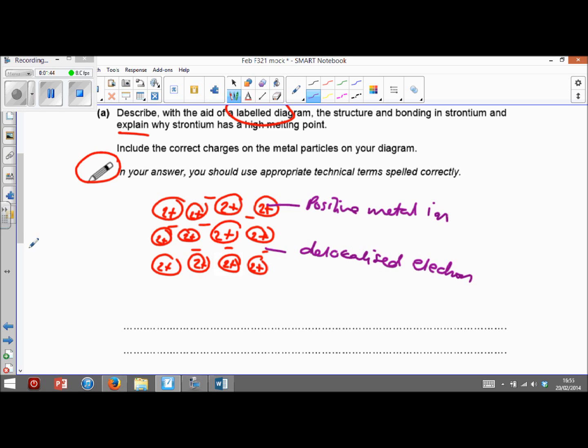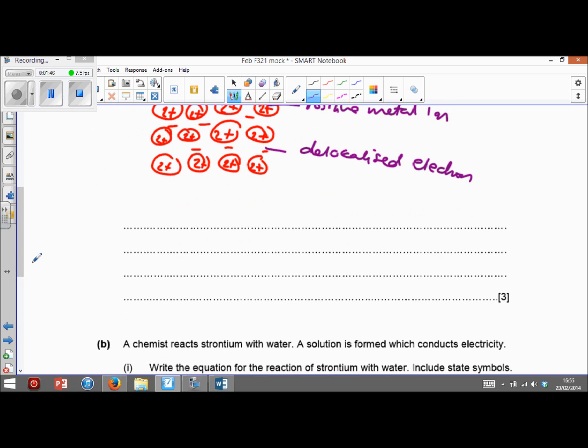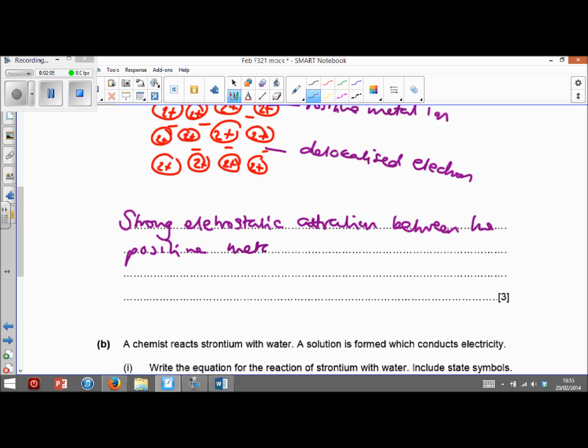Okay. And the last point is that it's strong electrostatic attraction between the positive metal ion and the localized electron.